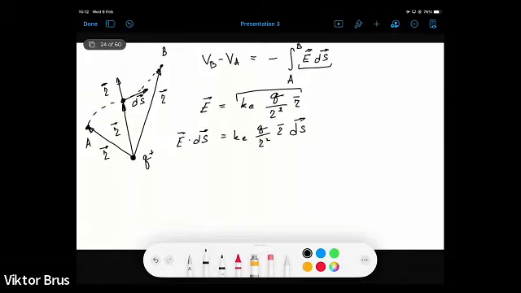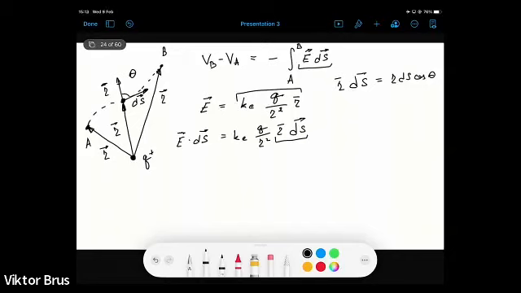So we have a dot product of unit vector R and ds vector. R unit vector times ds vector will be R times ds times cosine theta, with angle theta between these two vectors.